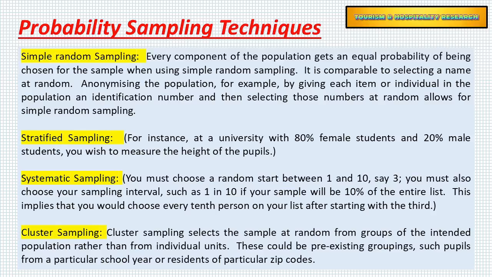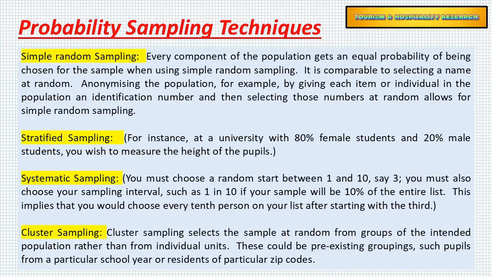Just like a lottery, we can pick any of the tickets out of that lottery box, and this helps us in getting a random sample. Anonymizing the population, for example, by giving each individual in the population a random identification number, and then selecting those numbers at random allows for simple random sampling.